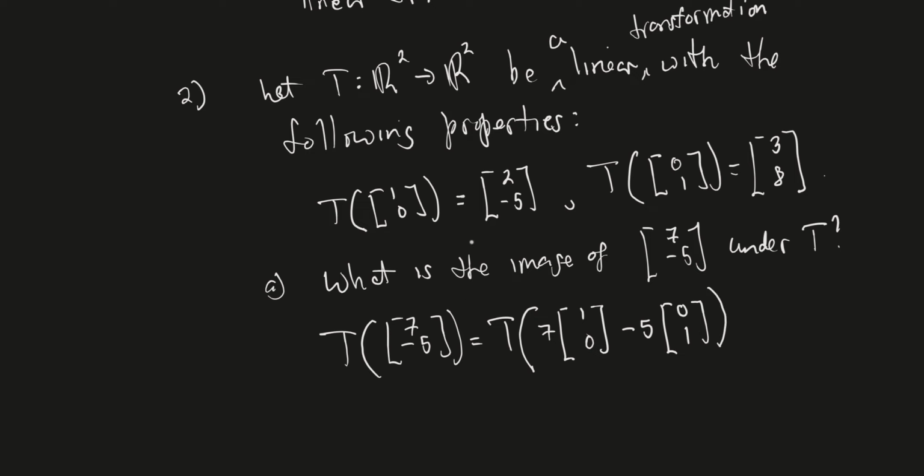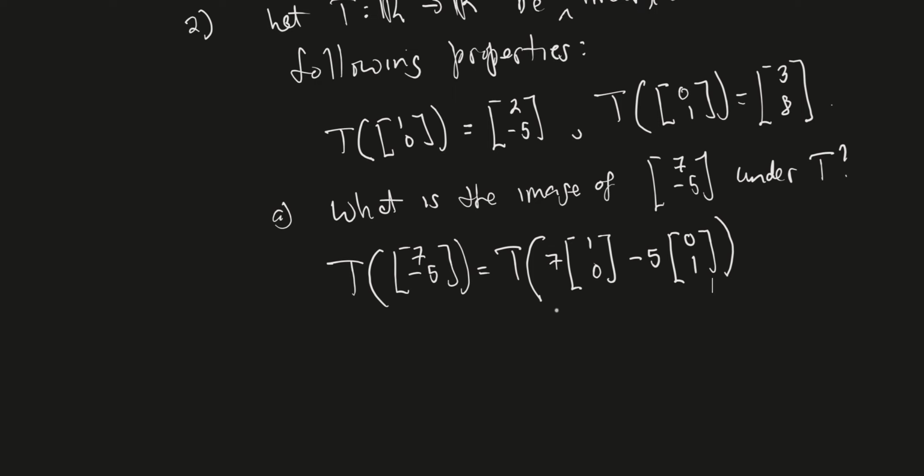And because T is linear, that was the key, I can use my properties and break this up and take the transform of 7 times (1, 0) minus the transform of 5 times (0, 1).